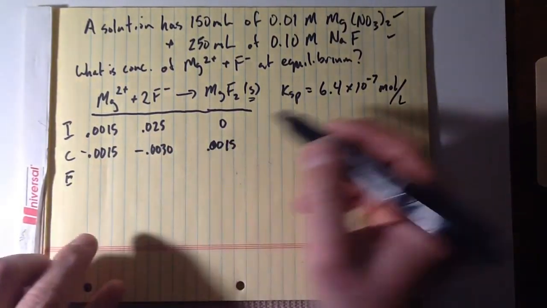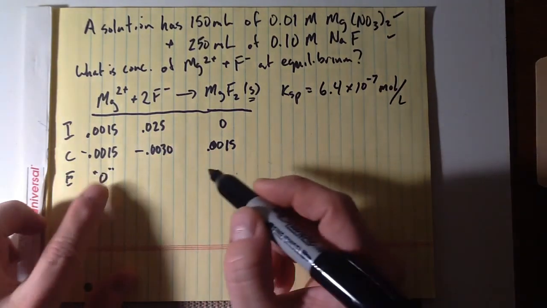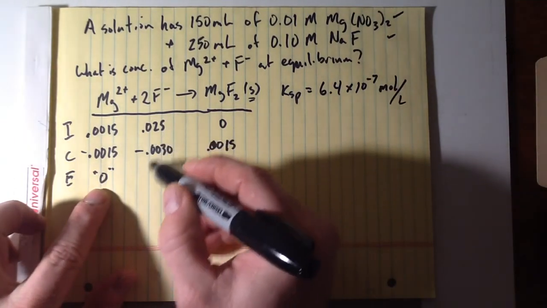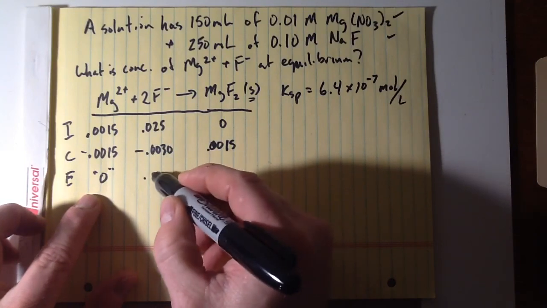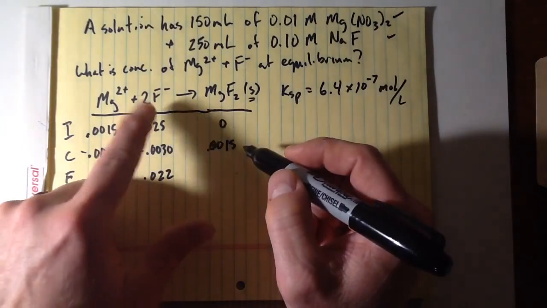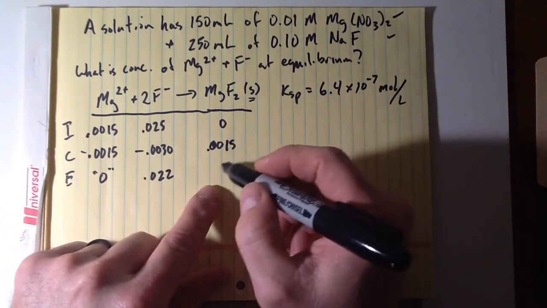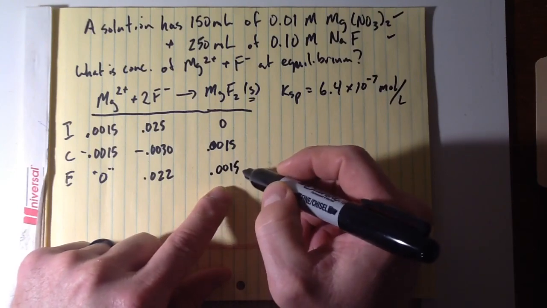So at equilibrium, we're going to have close to, and we're going to come back to this, 0 amount. Here we're of course going to have 0.025 minus this 0.003, 0.022 moles of the fluoride. And here, we'll have 0.0015 moles.